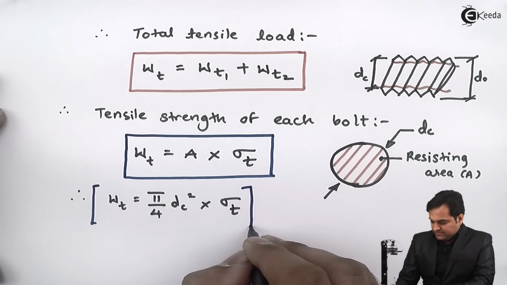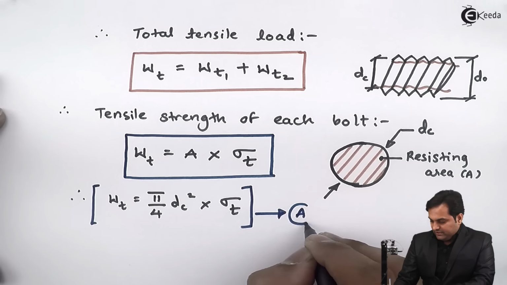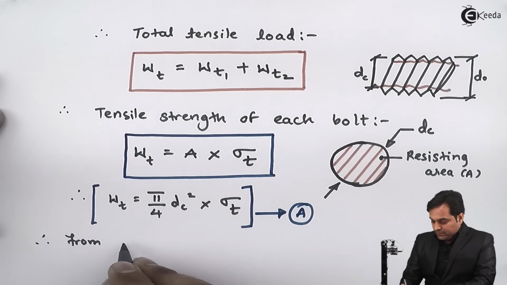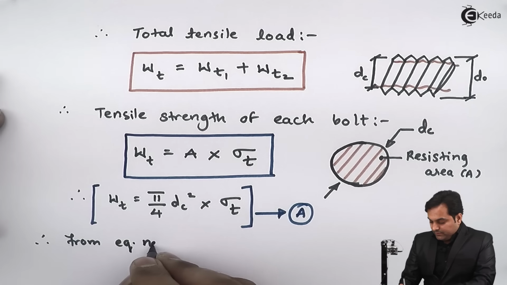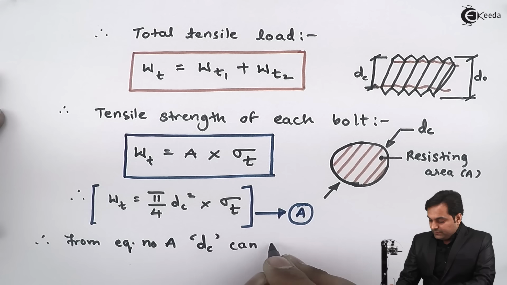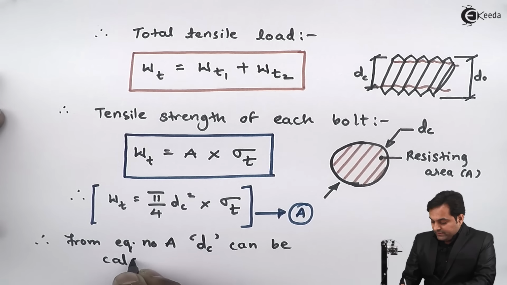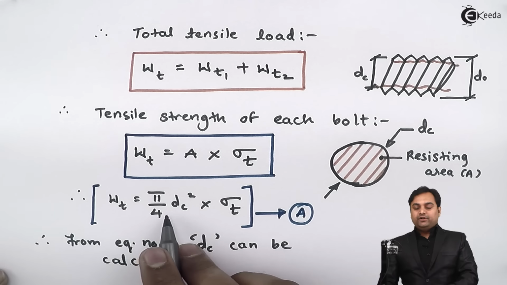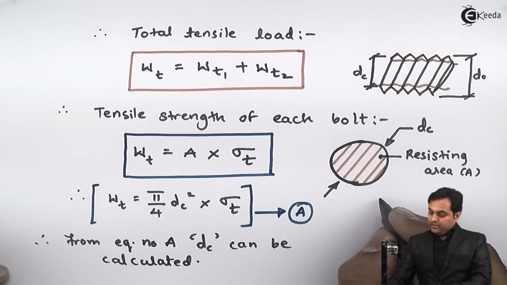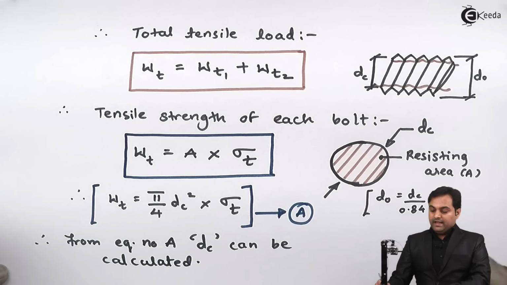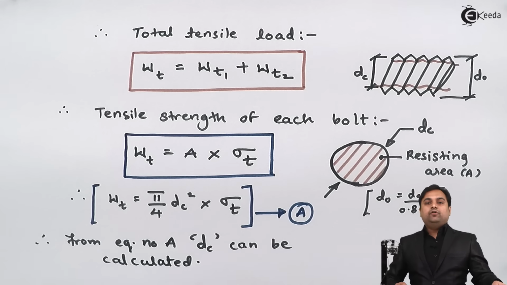Here I'll keep this as equation capital A, and therefore from equation capital A, DC, that is the core diameter, can be calculated. And once we know the value of core diameter, we can even calculate the outer diameter by using the relation DO is equal to DC upon 0.84. And in this way we can design any of the bolts.